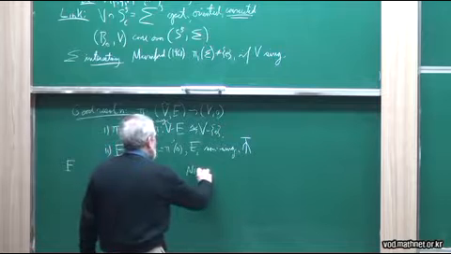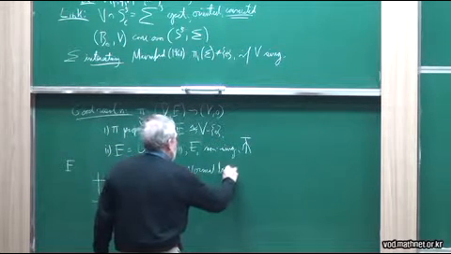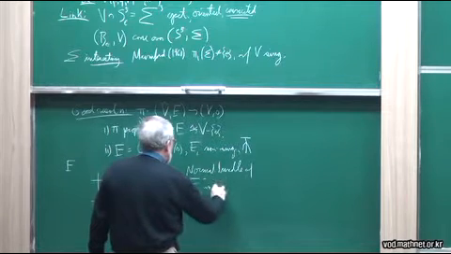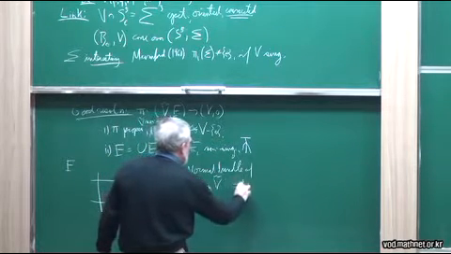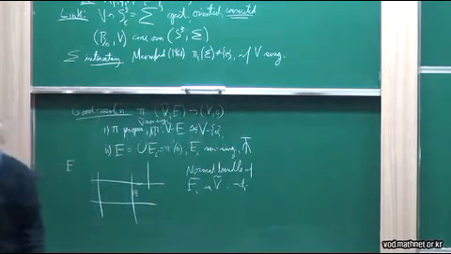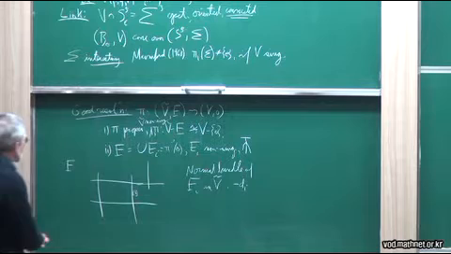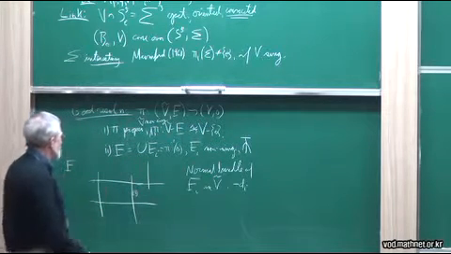So the normal bundle of E_i in V twiddle is going to be some integer which we'll call minus d_i. Turns out it'll be negative.